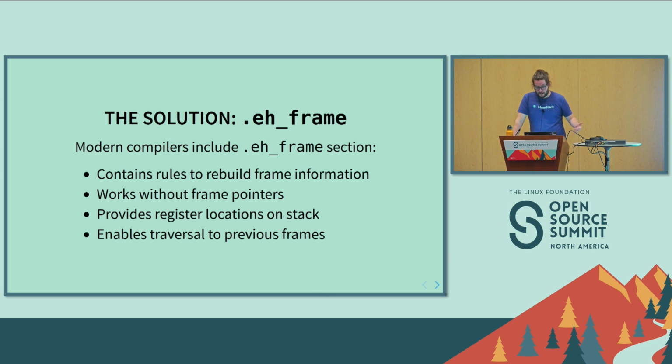It contains a bunch of rules that we can use to rebuild the frame. Those are rules for each register, as well as things like personalities for different languages, like constructors in C++. But luckily, since we're not doing local variables, we can ignore all that and just focus on the registers.